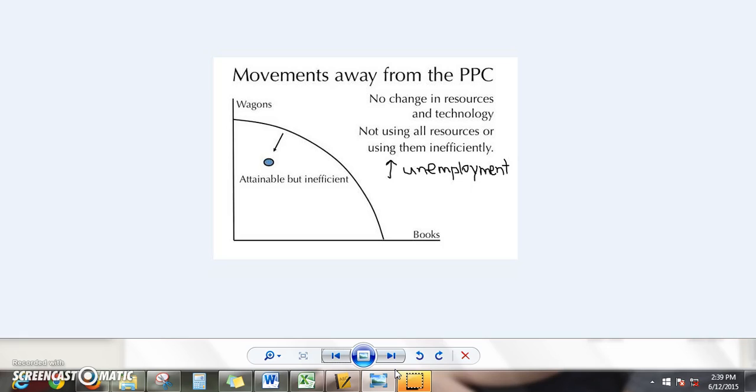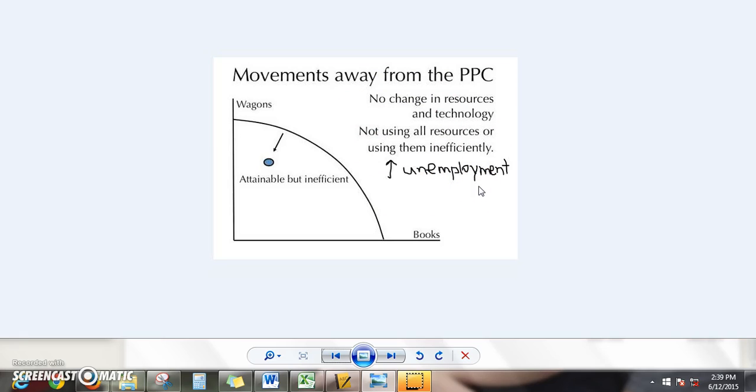So this graph is showing you what causes movement away from the PPC. So movement away from the PPC is inside the curve. So when you're inside the curve right here, you can attain this, but it's inefficient. It's when you're using your resources inefficiently. So these are the reasons why you move away from the PPC.